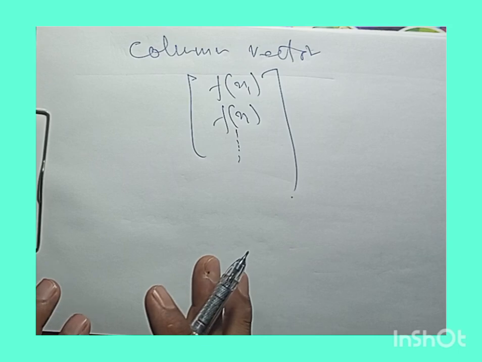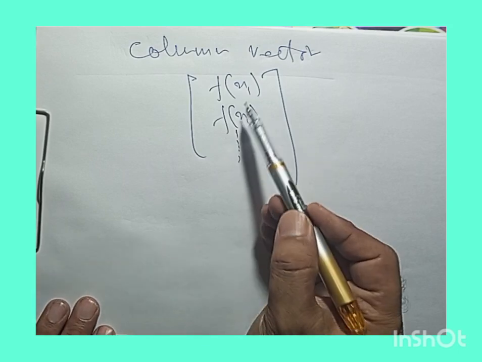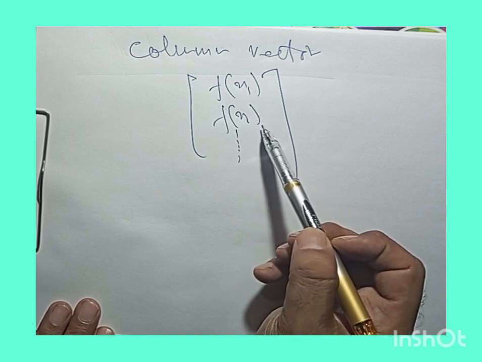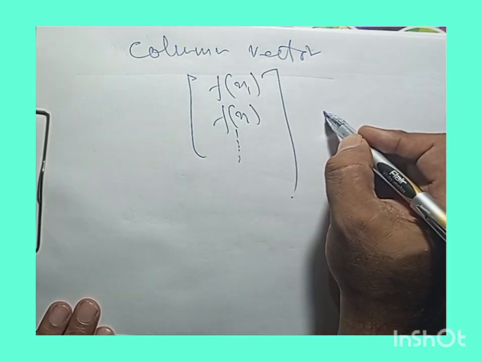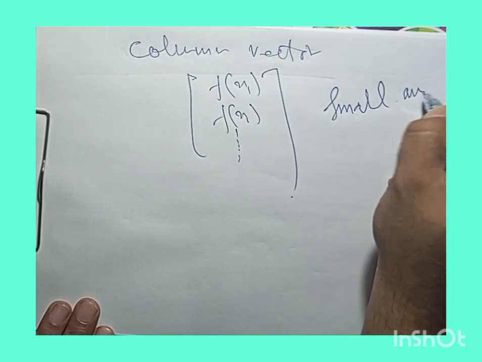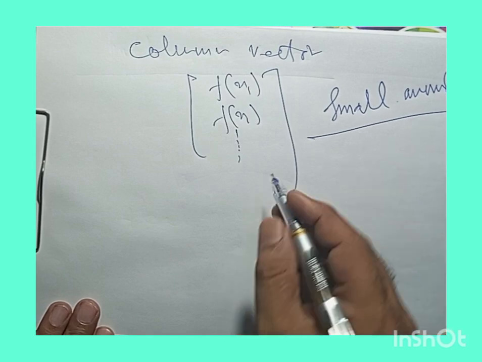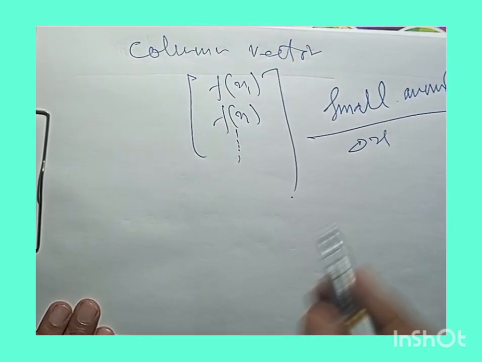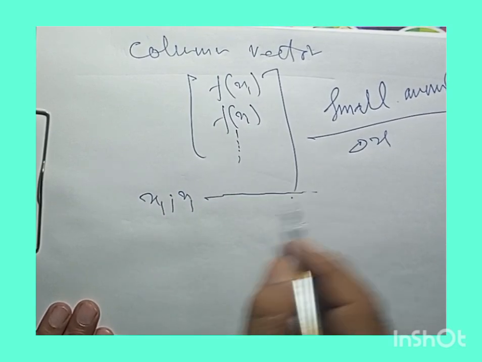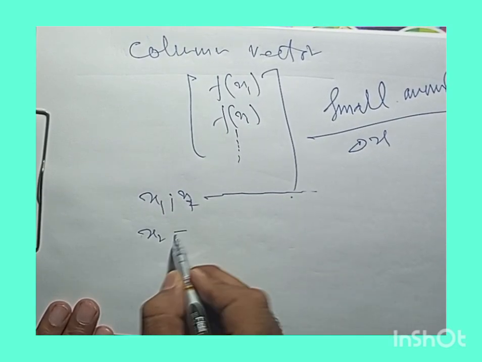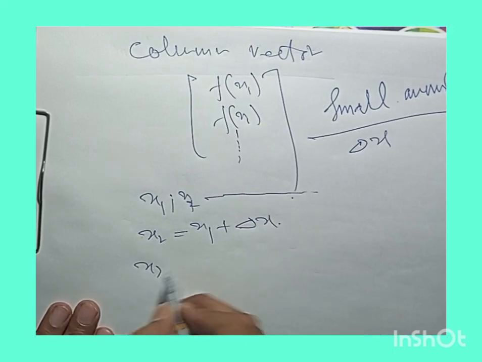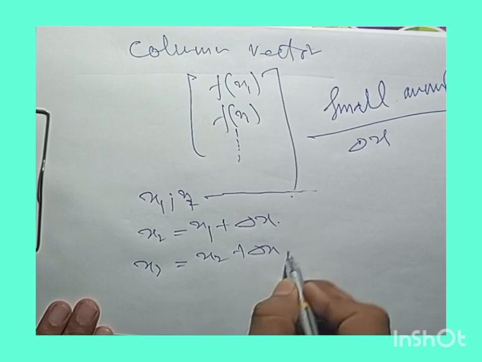What is important here is that we could specify the function points spaced by a very small amount. I can think of that smallness using delta x. So I have a chain of x1, x2, and so on. The argument is that x2 is x1 plus this delta x, and x3 is x2 plus this delta x, and so on and so forth.